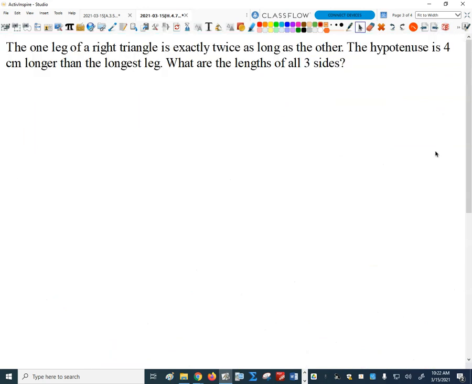Okay, how about this one? One leg of a right triangle is exactly twice as long as the other. The hypotenuse is 4 centimeters longer than the longest leg. What are the lengths of all three sides?